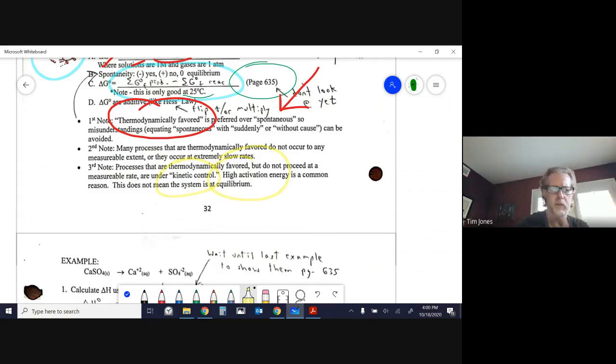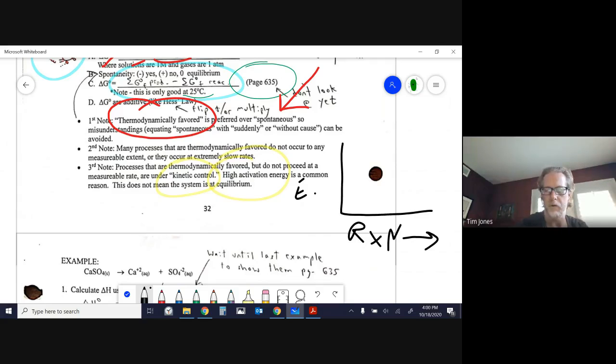And to remind you what that looks like, if we make a chart of just say energy here, and then reaction process going this way, ignore that dark circle right there.